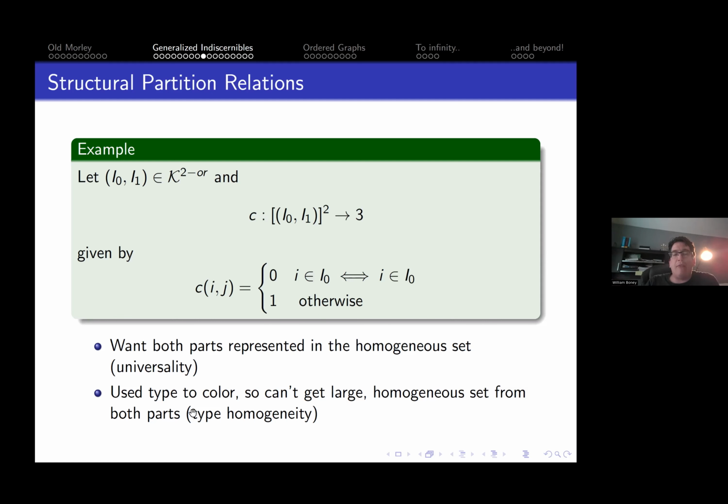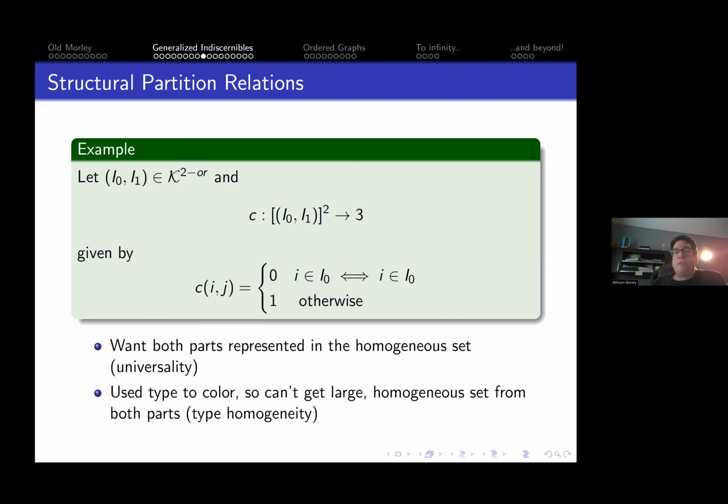So instead, we have this idea of type homogeneity, where the coloring only depends on the type of the inputs. And then there's this other aspect where if we just look at the cardinality of the linear order, we can't force I0 and I1 to both be represented in there.